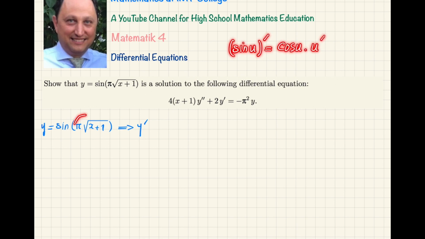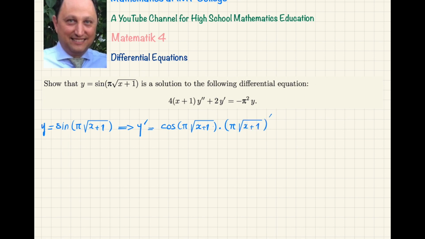Now this expression as a whole is playing the role of u in my case. So this becomes cosine of u, but then multiplied by the derivative of u.